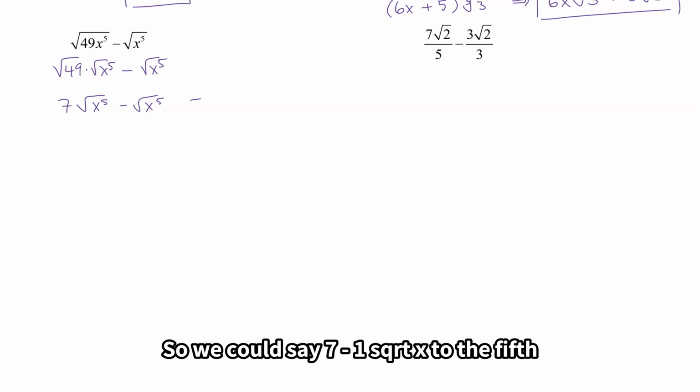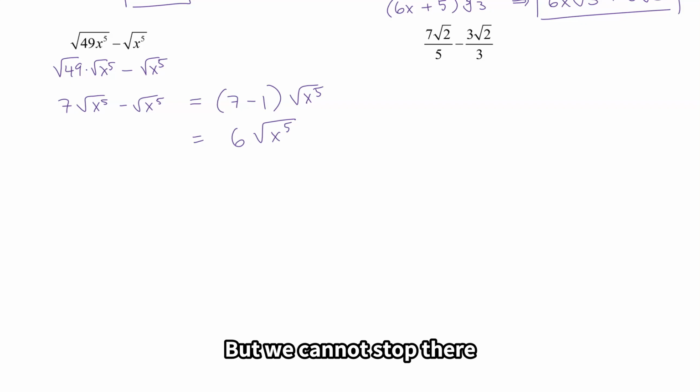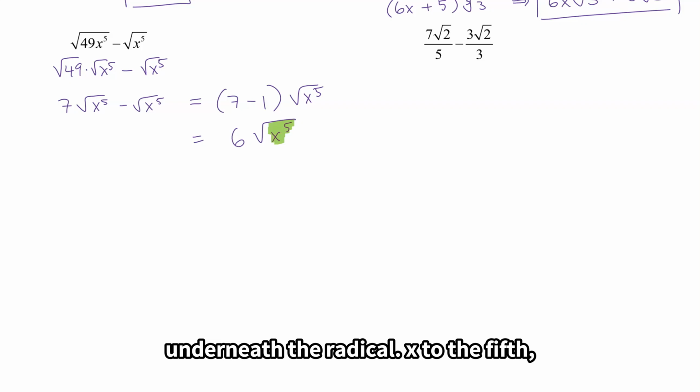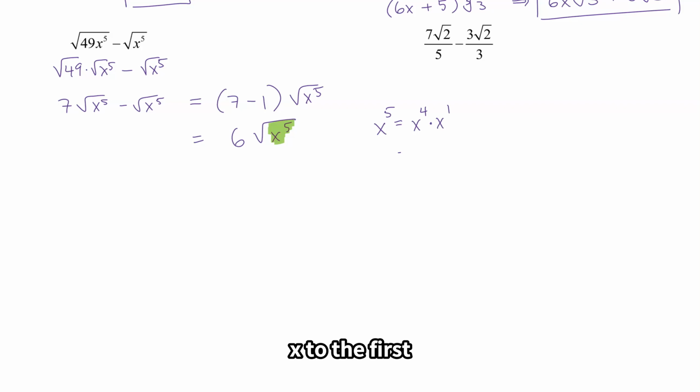So we could say 7 minus 1 square root x to the 5th to end up with 6 square root x to the 5th. But we cannot stop there because of the x to the 5th part underneath the radical. X to the 5th, we could write it as x to the 4th times x to the 1st.